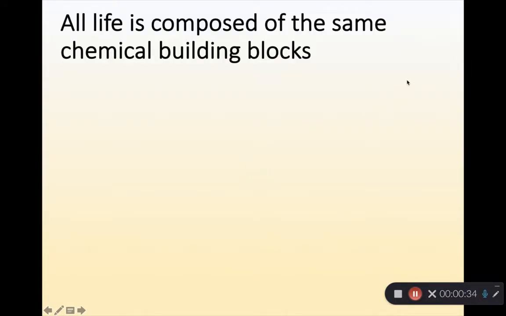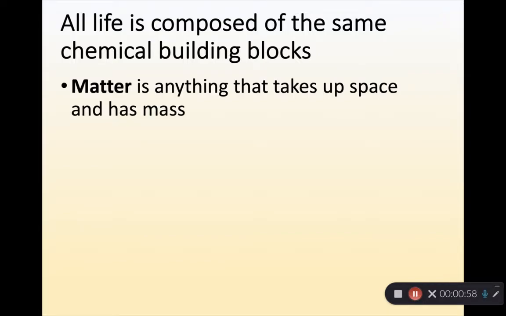Again, this is probably going to be a lot of review for some of you, but it's just to contextualize the important reactions we're going to be talking about and understand the chemistry that exists at the base of all of these different syntheses that we're going to be discussing.